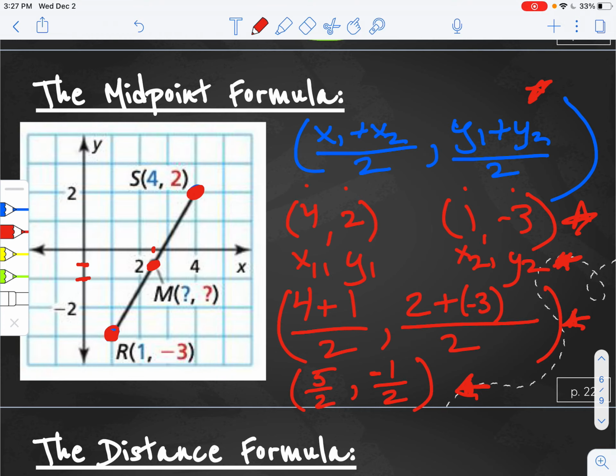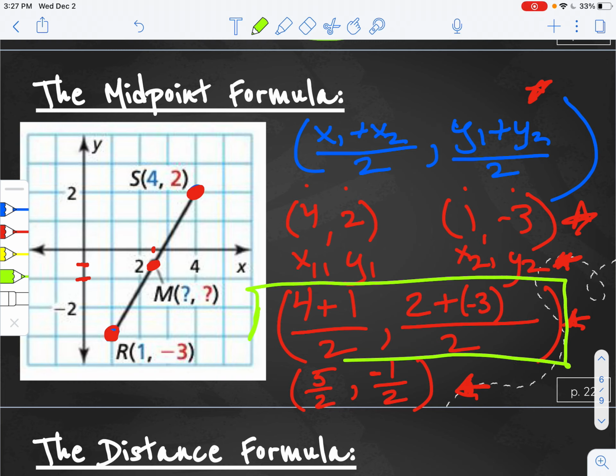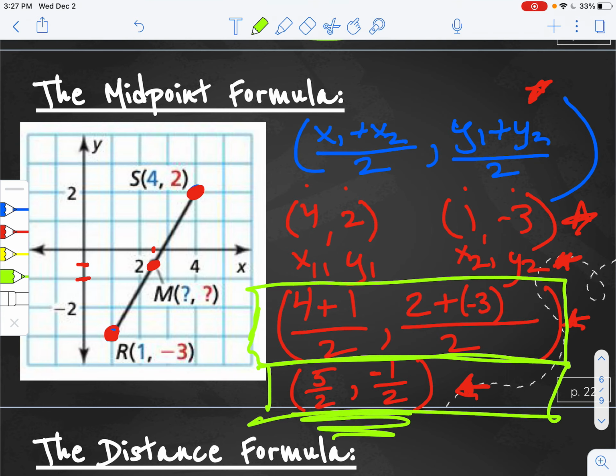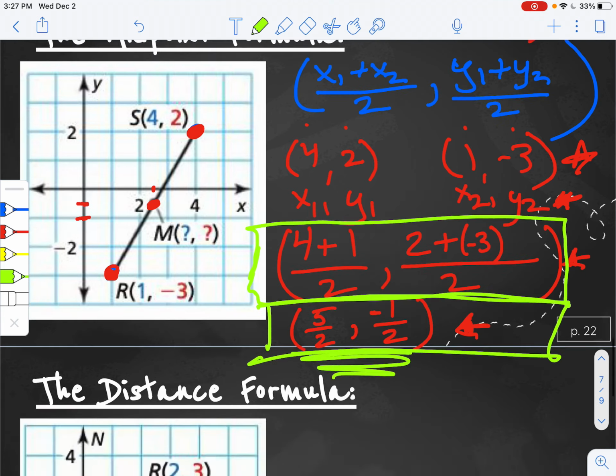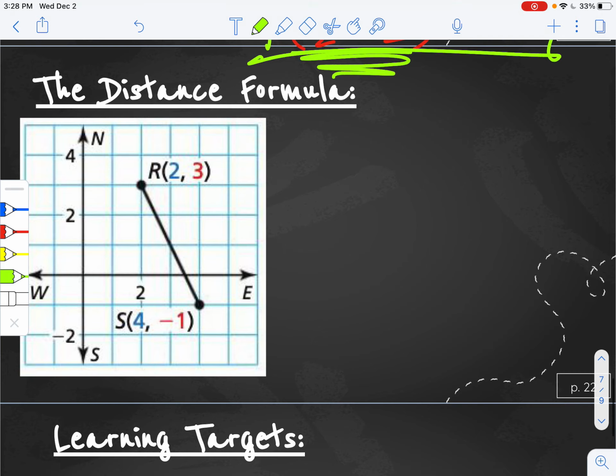So not a too lengthy process there. When you do your homework, this is what I would expect to see: at the very least, you plugging those numbers into the formula, and then your answer like this. I should not just see an answer there. I want to see the work.